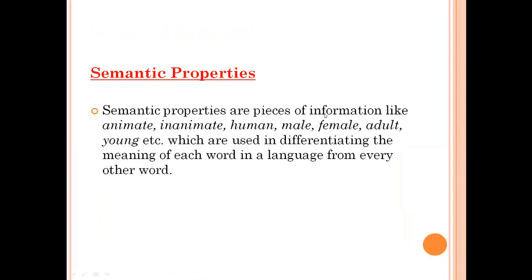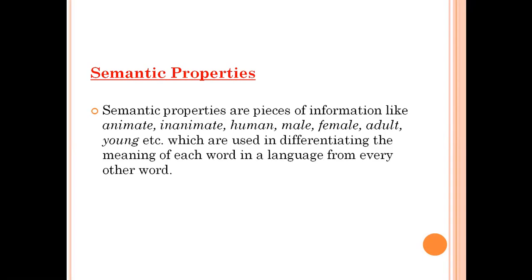Semantic properties are pieces of information like animate, inanimate, human, male, female, adult, young, etc., which are used in differentiating the meaning of each word in a language from every other word. একটা শব্দ থেকে আরেকটা শব্দের যে মিনিং, এটার তফাৎ বোঝাতে এই বৈশিষ্ট্যগুলো ব্যবহার করা হয়। যেমন animate versus inanimate, dog and table, dog and chair, dog animate, chair inanimate.